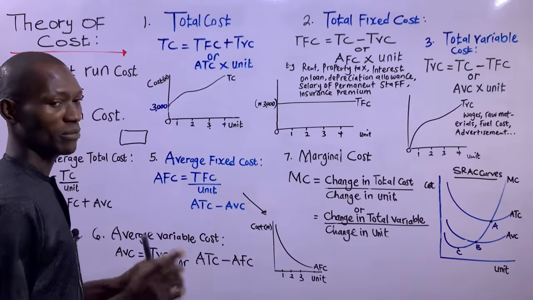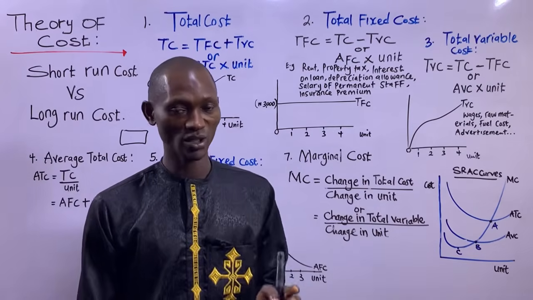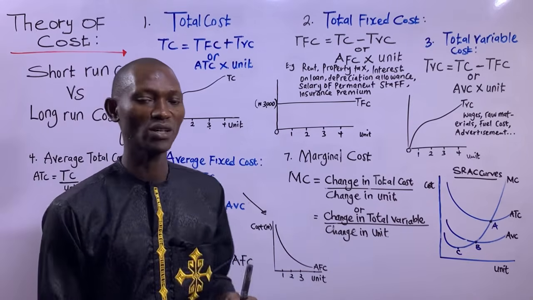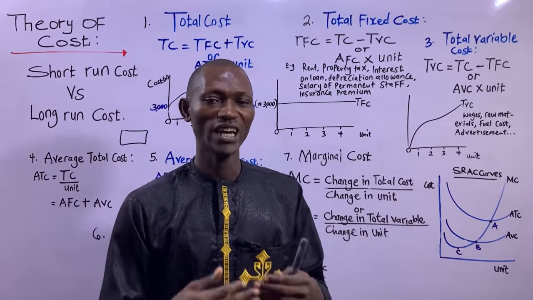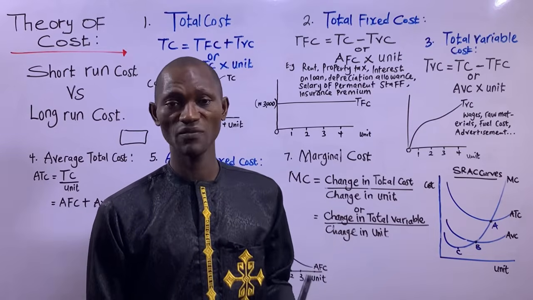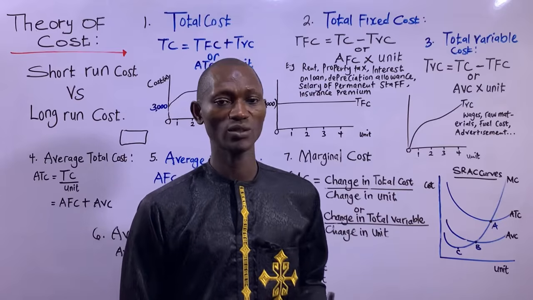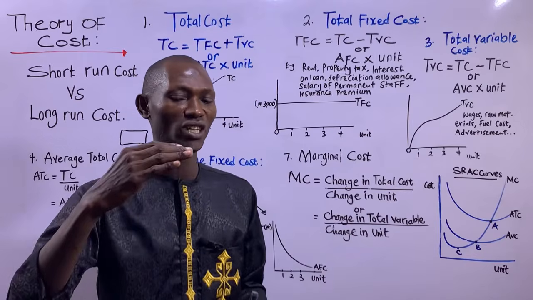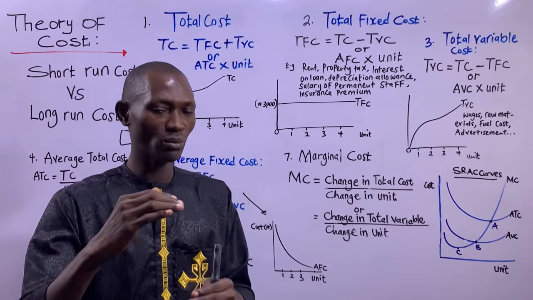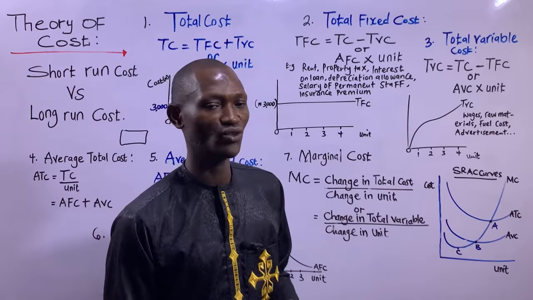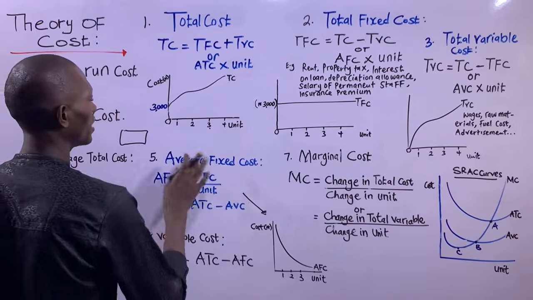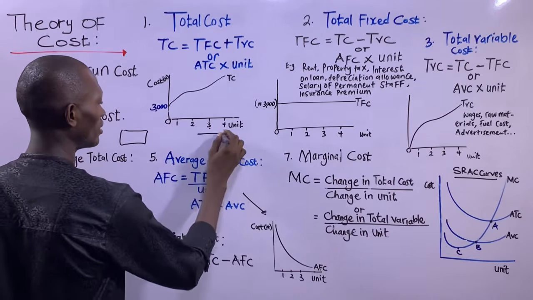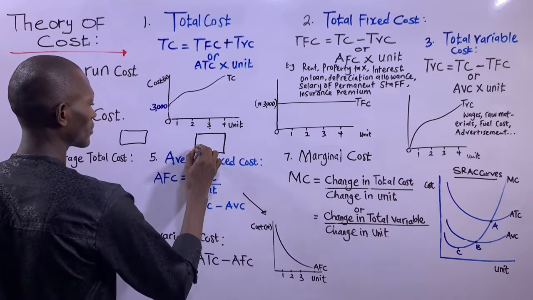Look at this. Diminishing marginal returns is talking about when you keep applying an increasing quantity of a variable factor on a fixed factor: output will increase initially, then it will increase a little bit, after which it will start dropping. Let's say this is the fixed factor, the land.